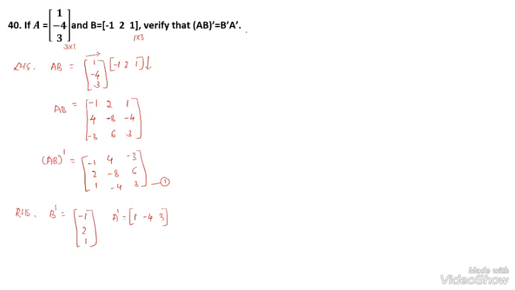Okay. While multiplying, the RHS part is B transpose into A transpose, that is equal to [-1, 2, 1] into [1, -4, 3].